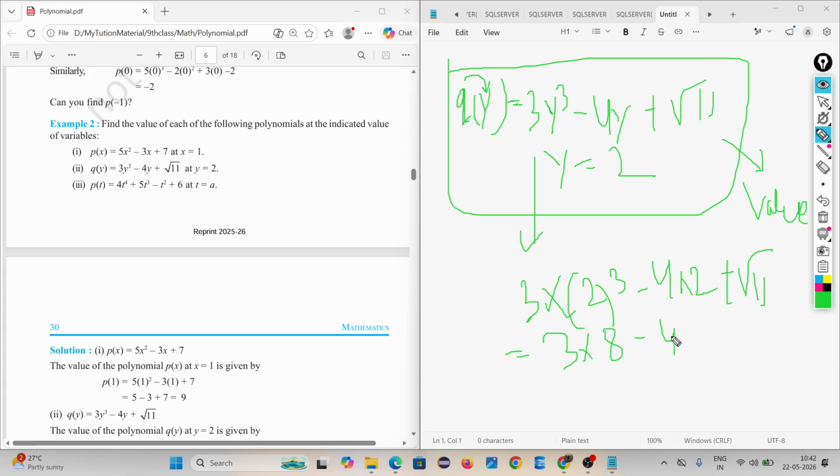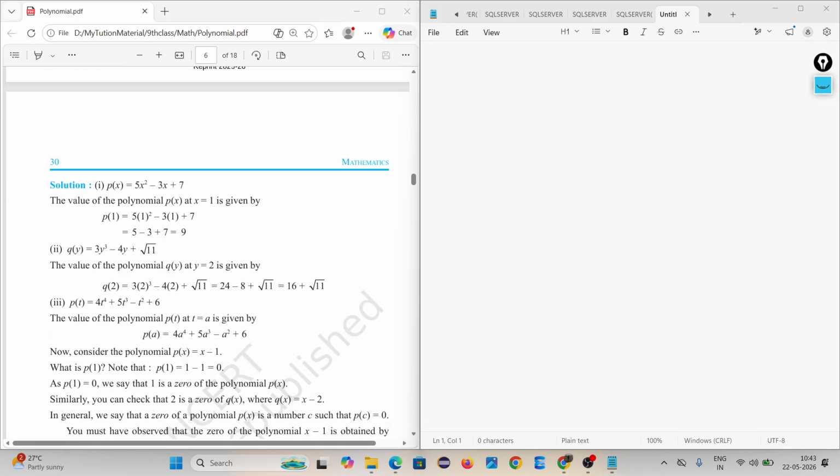Minus 4 into 2 is 8, plus root 11. 3 into 8 is 24. Minus 8 plus root 11. Your answer will be 16 plus root 11. Are you looking? Yes, sir.